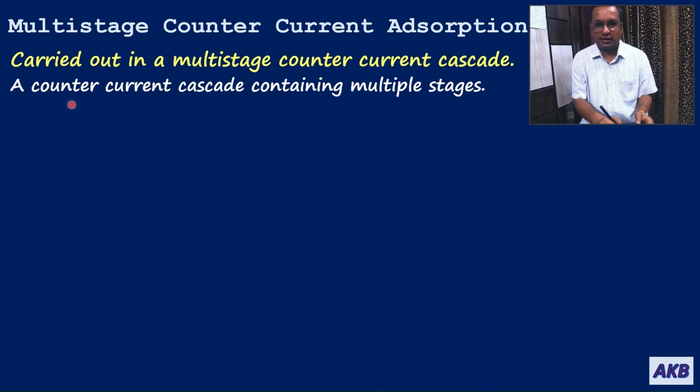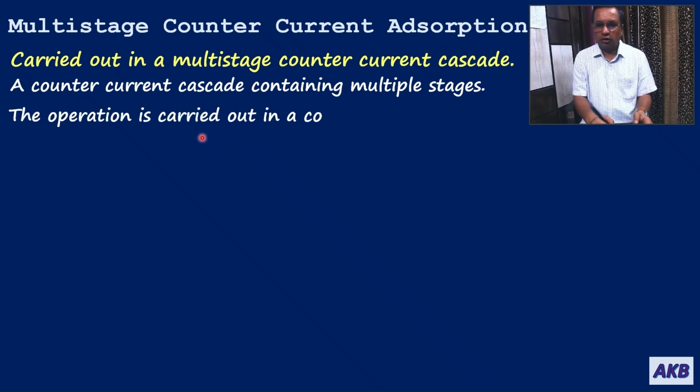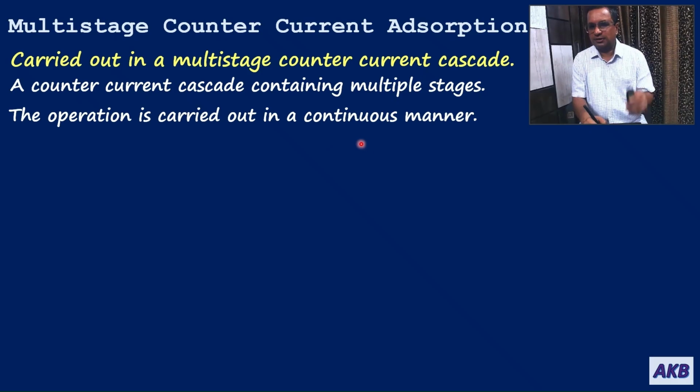So it is a countercurrent cascade containing multiple stages, and the operation is carried out in a continuous manner. That is, the two phases, solid and liquid, flow from one stage to the other in a continuous manner. And since the operation is countercurrent, the two phases will be flowing countercurrent to each other.